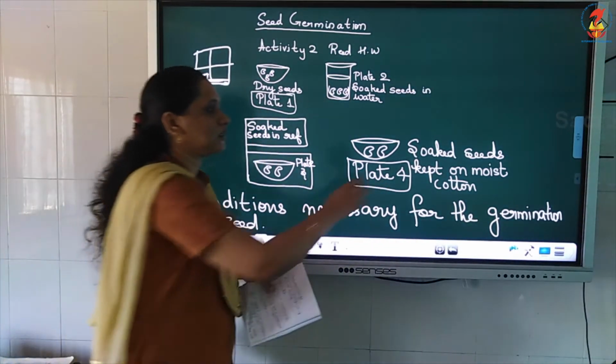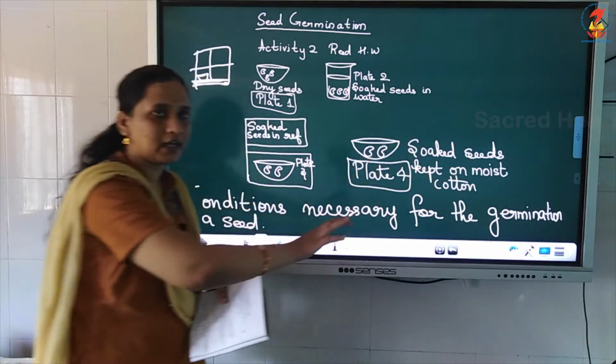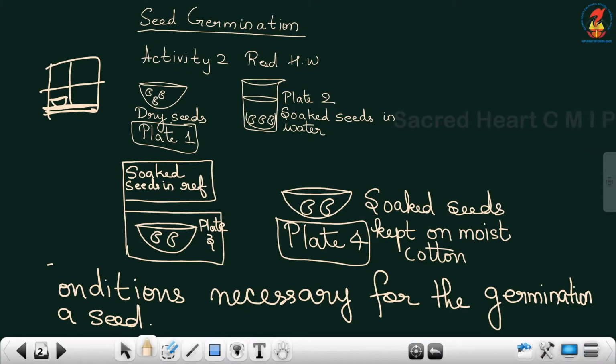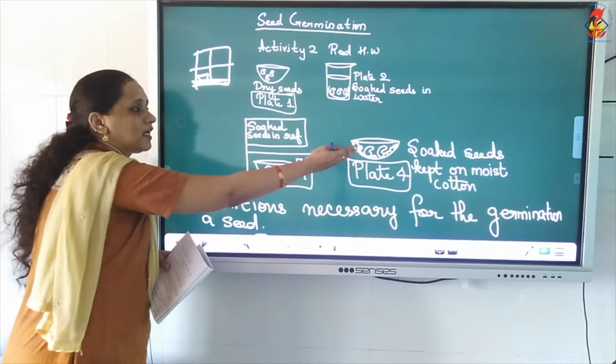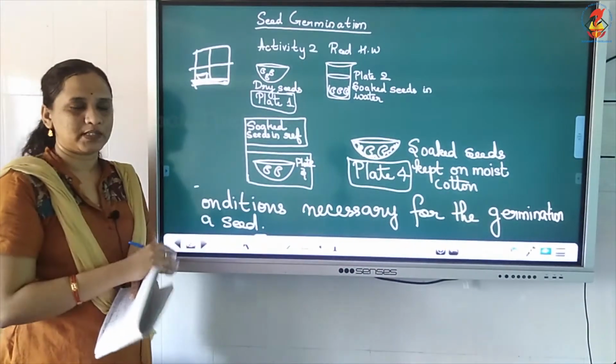You take the soaked seeds again and you take moist cotton. So, here you have cotton and the cotton is moist or filled with water and you have kept it here. Similarly, you have taken this and kept it on the windowsill.